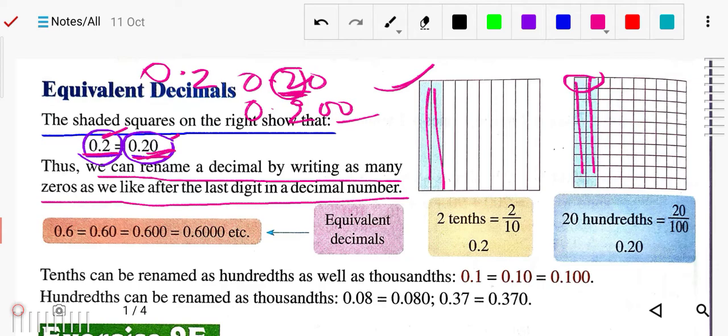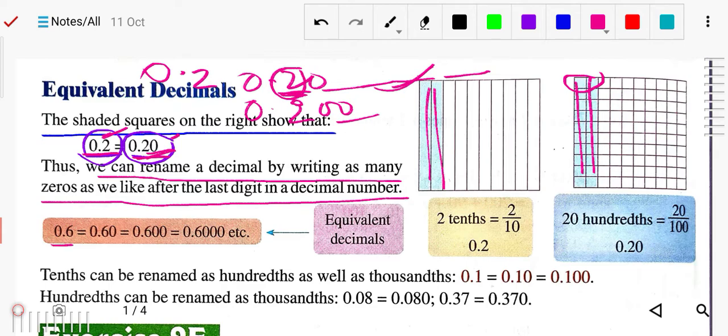Once you write the last digit of your number, you can put any number of zeros after it, and there will be no change in the original decimal; the value will not be altered.